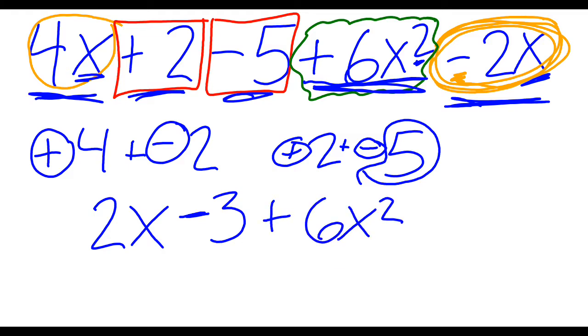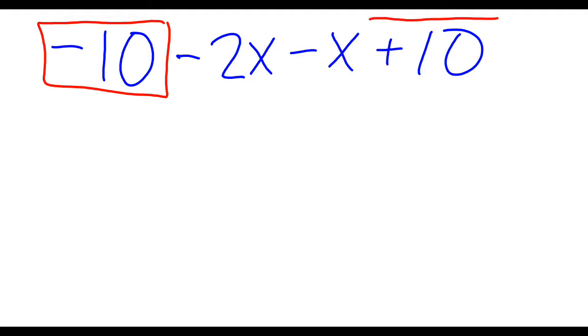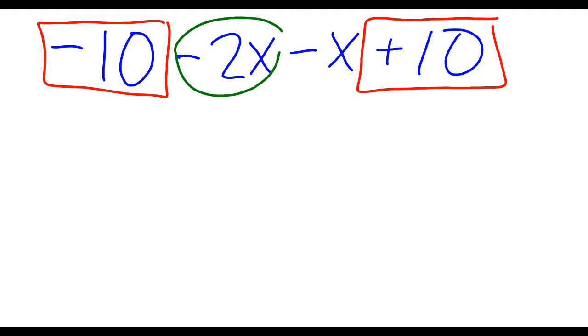All right. So here we go again, another problem with finding like terms. So I've got this negative 10, and I see another number with no variable, and that's positive 10. I can now go in and find that there's also a negative 2x and a negative x.